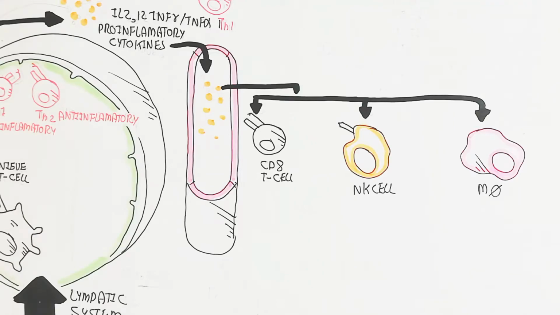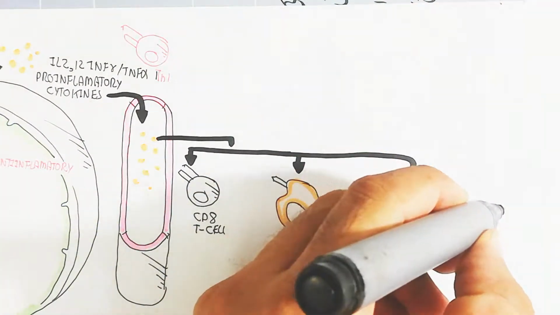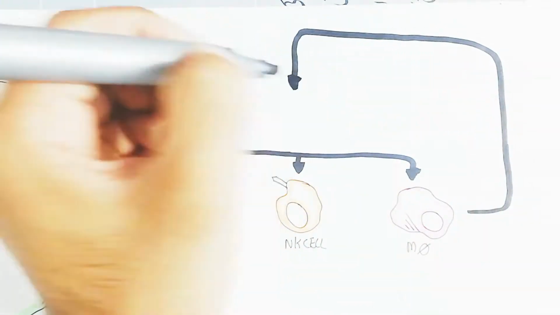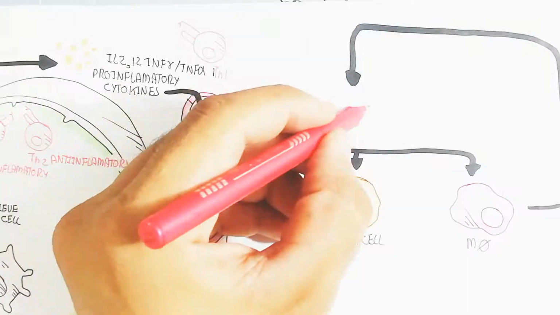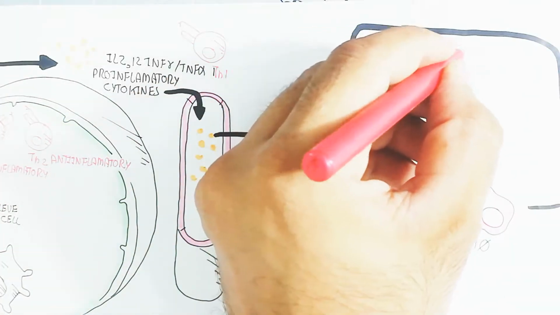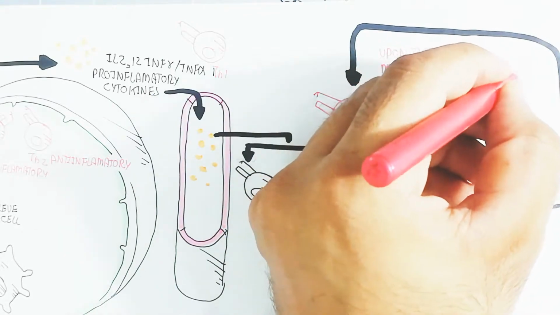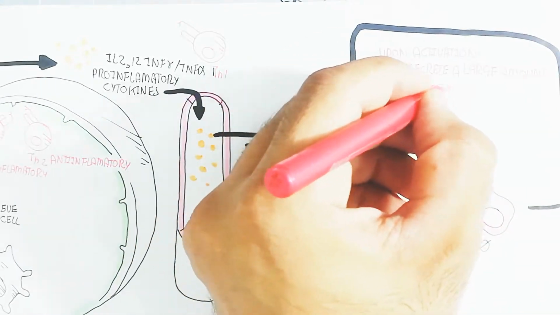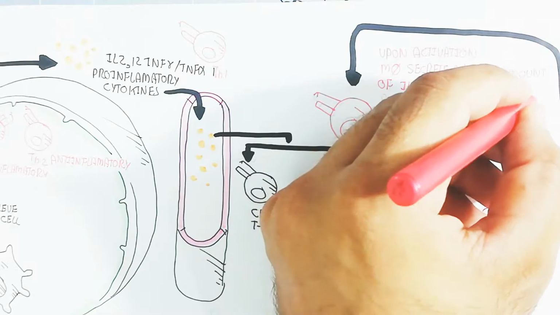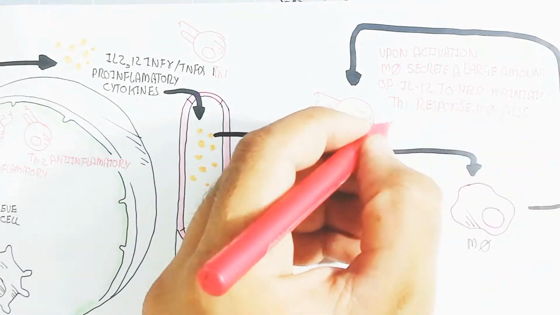So this is the pro-inflammation. The cytotoxic T cell, natural killer cell, and T helper cell all get activated. Upon activation, the macrophage secretes a large amount of interleukin 12 to help maintain the T helper 1 cell response.